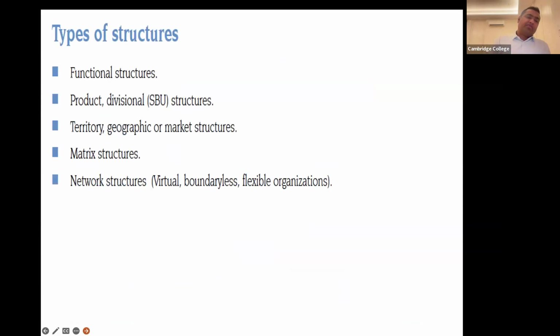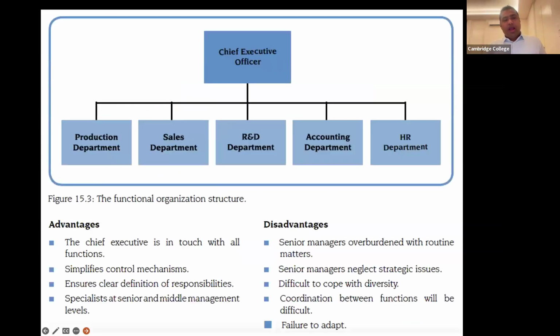So there are so many types of structures: functional, product, territory or geographic, matrix and network structures. So when we look at a functional organization structure, now typically when you start a business, let's say a very small business like a Mudalali, right? If you're a corner shop Mudalali, that Mudalali does everything, right?